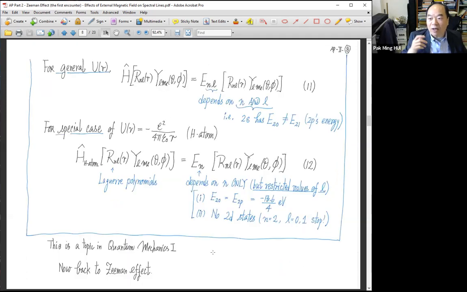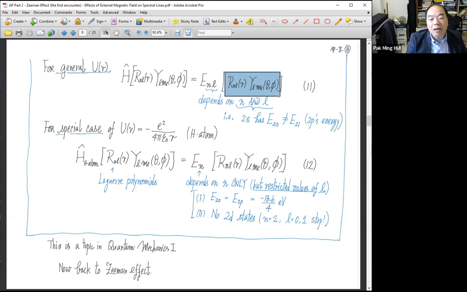We solved that. Well, you solved it last term. The answer is there is a radial part carrying n and l as the indices, and an angular part, the spherical harmonics. Altogether, this is the energy eigenstate of the hydrogen atom.